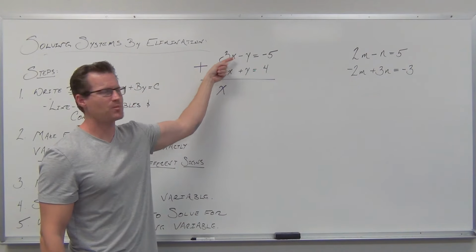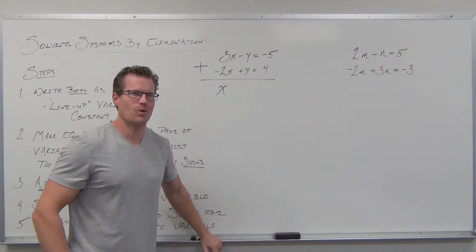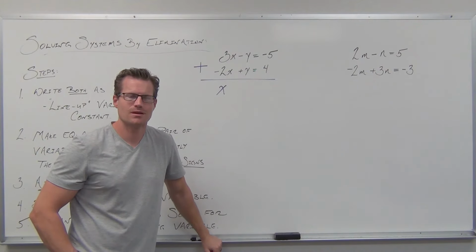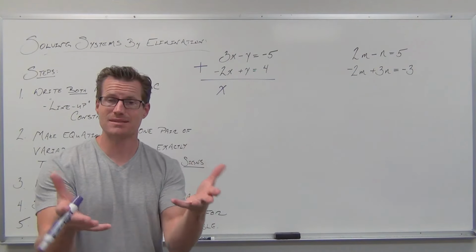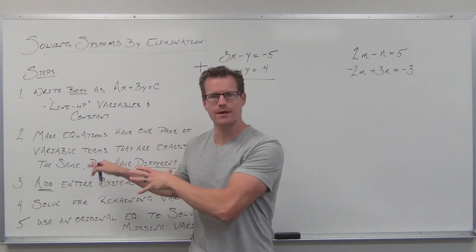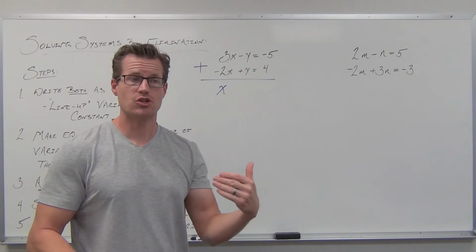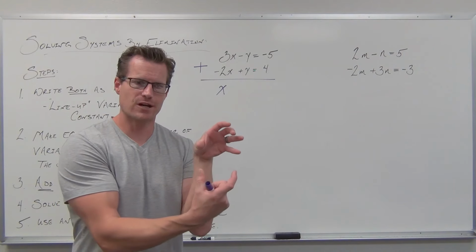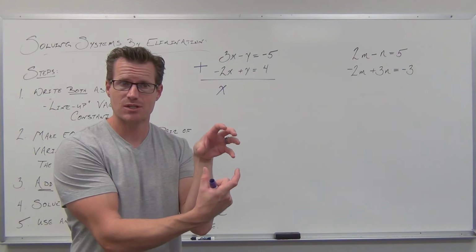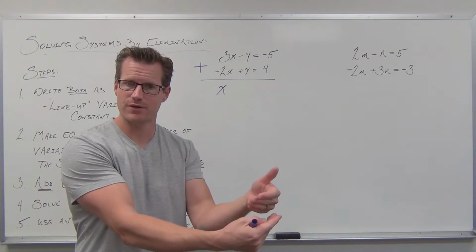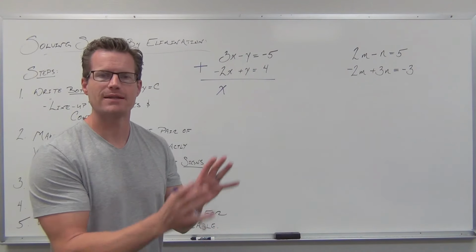What's negative y plus y? Negative y plus, well, isn't that 0? Yes, exactly. It's 0. That's exactly why we wanted this. Because if you add opposites, you're always getting 0. If it's your variable terms that you've changed into opposites, you're getting 0 of that variable. You're eliminating the variable. That's the whole nature of it.